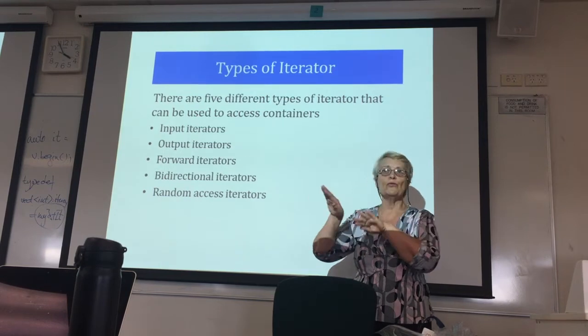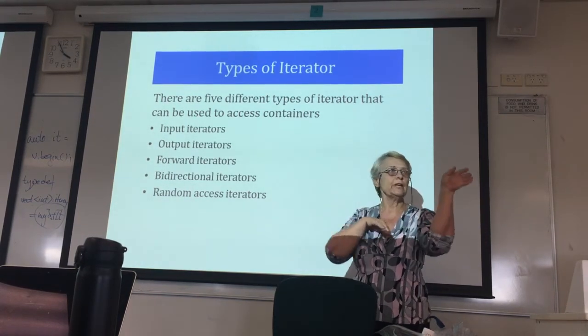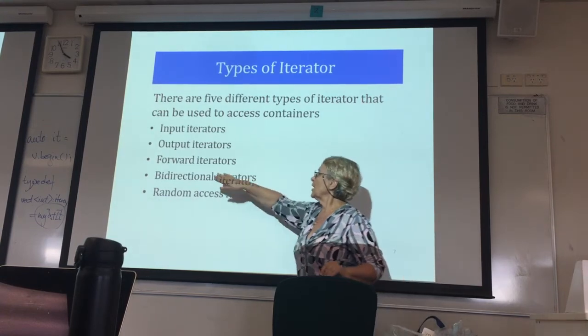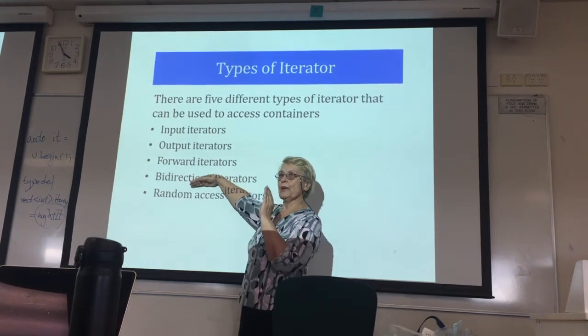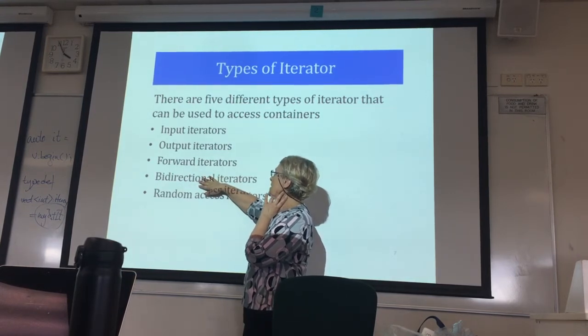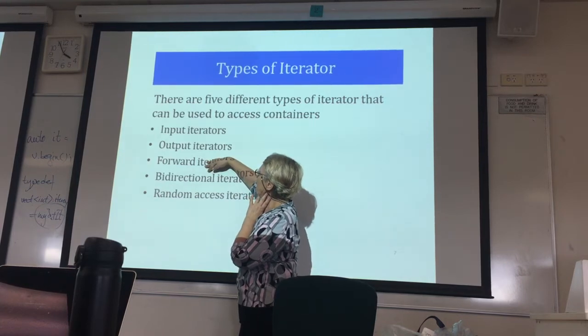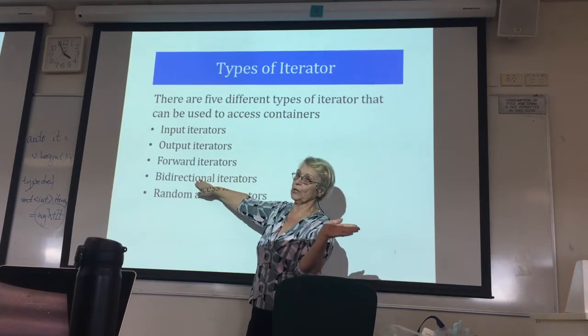Bidirectional means it can move in both directions and can perform output and input. So for these iterators, we can perform all operations here, plus moving backward.